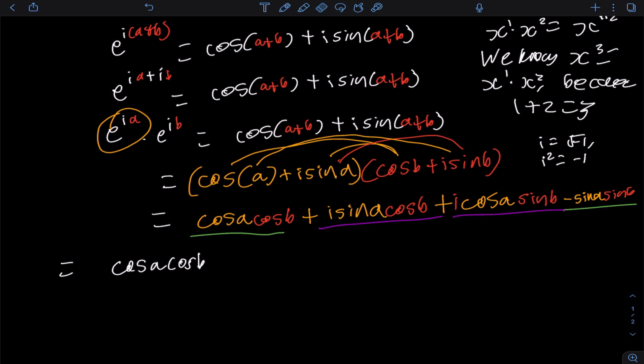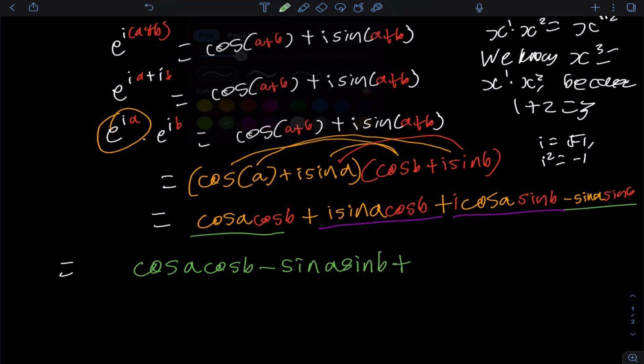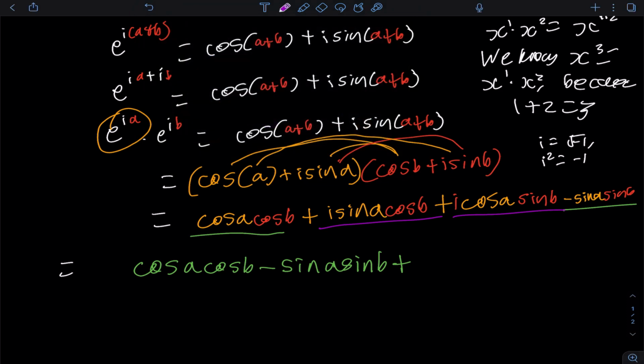So we are now taking cosine A cosine B minus sine A sine B, and then we add an I factored out of that. So we have an I multiplied by sine A cosine B plus cosine A sine B.